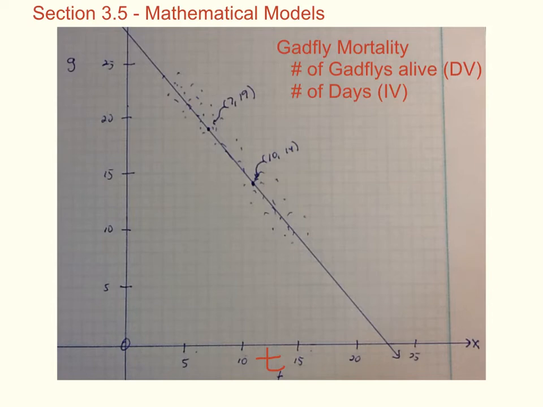If you don't understand that, please go back, listen to this again, and or in your notes, write that down saying you don't understand and ask me in class. So now that we have 2 points, let's create a mathematical model.